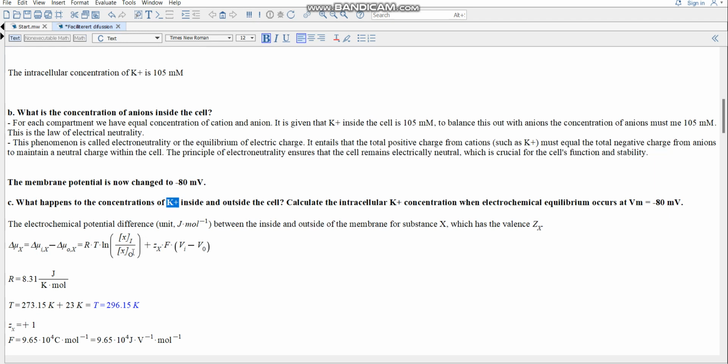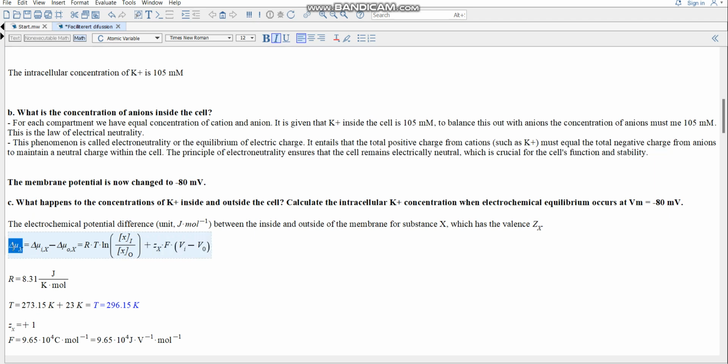Now, just to make sure you guys understand, here is the electrochemical potential energy difference, which is derived from taking the chemical potential energy difference, the thing I'm marking right here, adding it with the electrical potential energy difference. So this is the chemical potential energy difference, and this is the electrical potential energy difference. Combining them gives us the electrochemical potential difference.